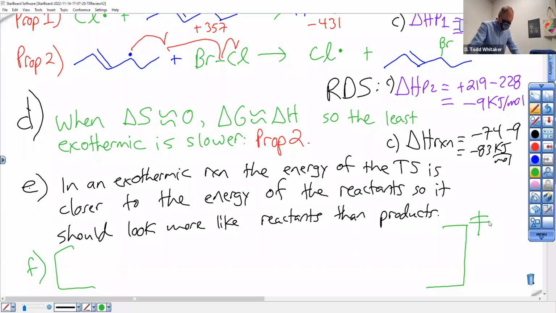And the element that's transitioning in Prop 2, give me the one element that's moving from one molecule towards the other. Br. In the beginning, Br is real close to Cl. It's bonded to it. So I'm going to put Cl over here, starting to lose its bond to Br, but just beginning.